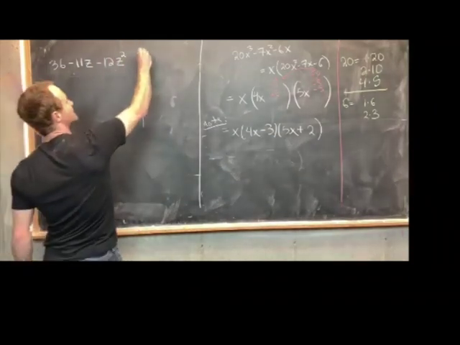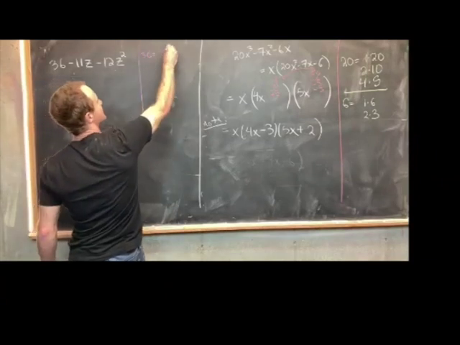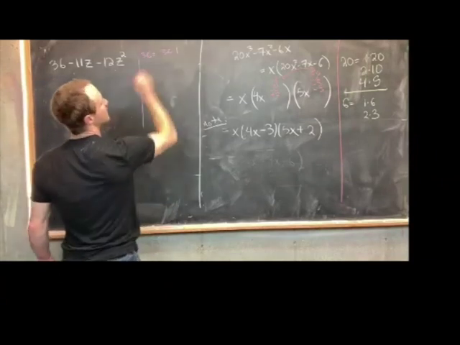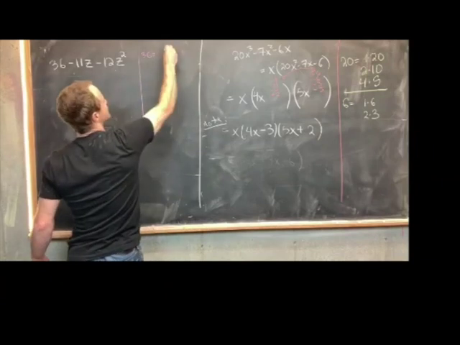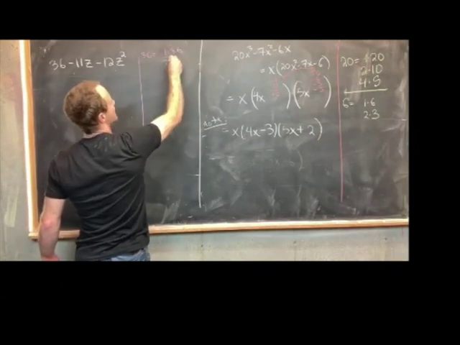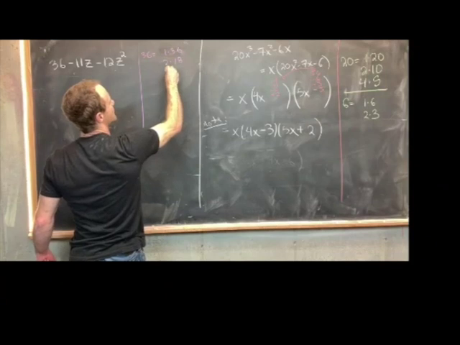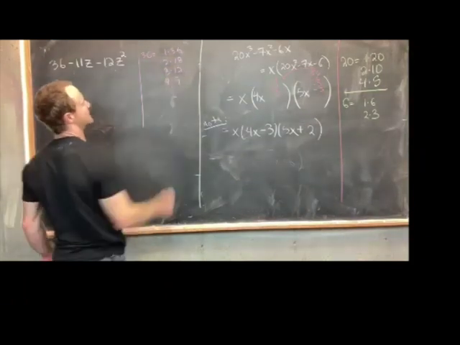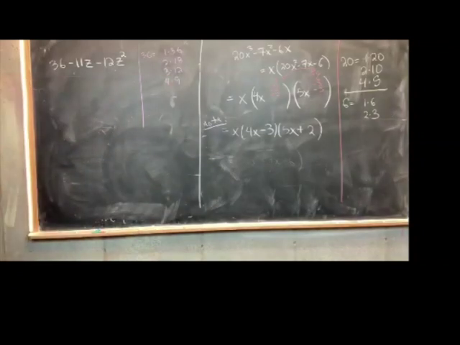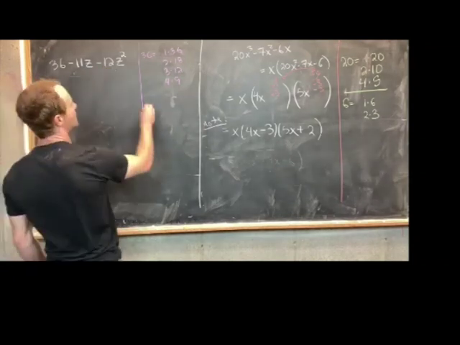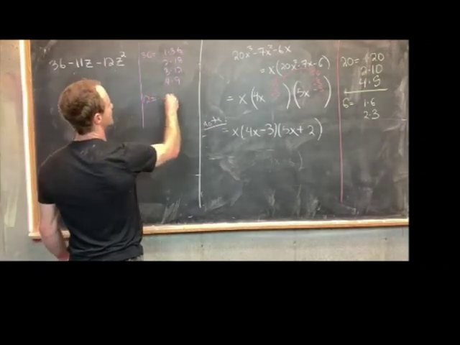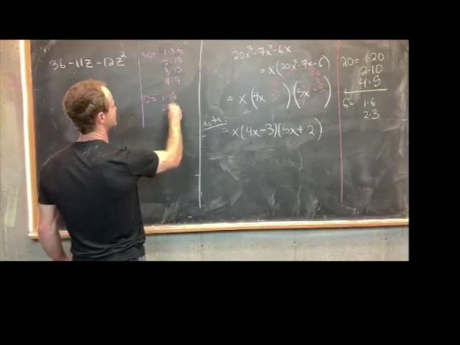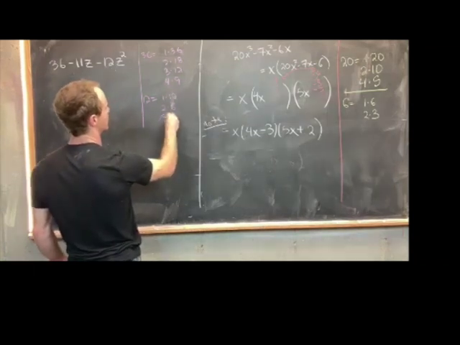So 36 can be 36 times 1, maybe 1 times 36, or it could be 2 times 18, or 3 times 12, or 4 times 9. And I think those are all the choices up to permutation. And then 12 can be 1 times 12, or 2 times 6, or 3 times 4.